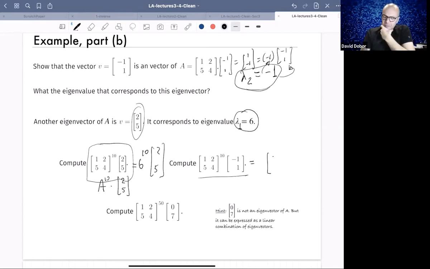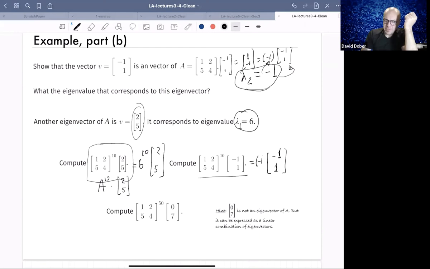When I applied A once, I flipped the direction, getting 1, -1. When I applied A again, it flipped again, so I came back to the vector from which I started. Every even application of A leaves this vector unchanged; every odd application flips its direction 180 degrees.